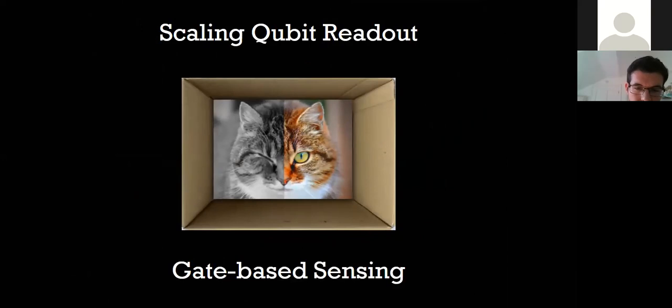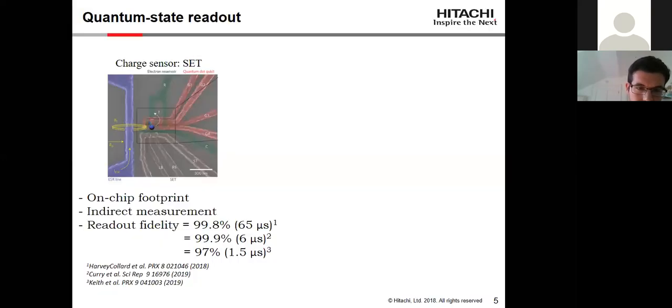Good. So let's go into gate-based sensing. A bit of the state of the art on readout. Typically, readout in semiconductor systems is done with charge sensors, such as, for example, the single electron transistor, as we were talking before, this brownish set of gates here that occupies some footprint on the chip.